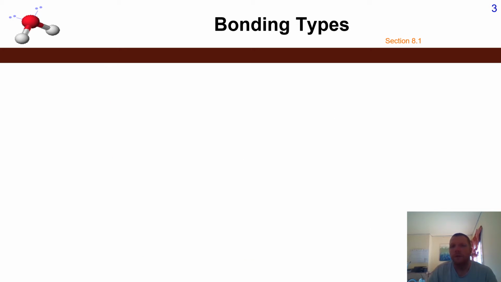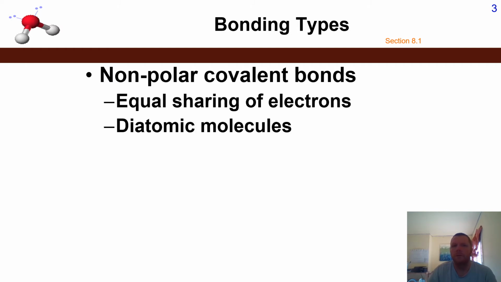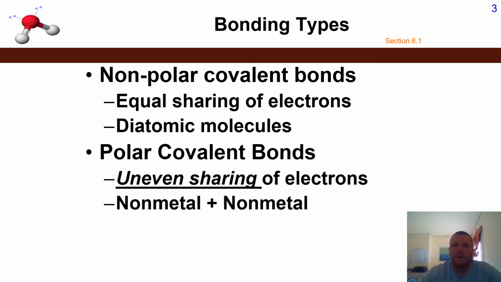All right. Now, to go into our bonding types a little bit further, there are nonpolar covalent bonds and there are polar covalent bonds. So remember, a covalent bond is a bond in which two atoms are sharing electrons between them.